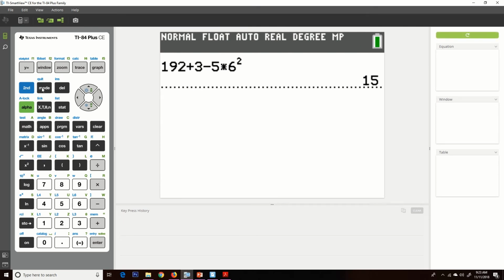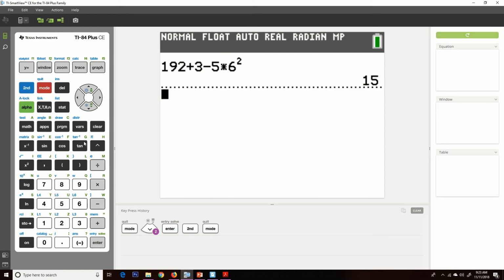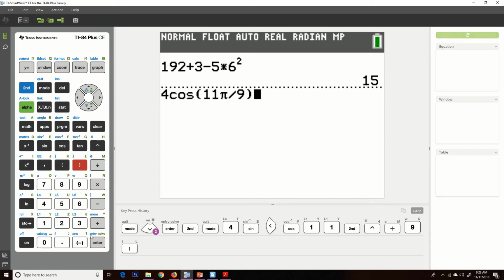Let's hit the mode button to make sure that we are in degree mode, and we're not. So I'll hit enter there. So I need 4 cosine first, because that's x: cosine 11 pi divided by 9, close that parenthesis.